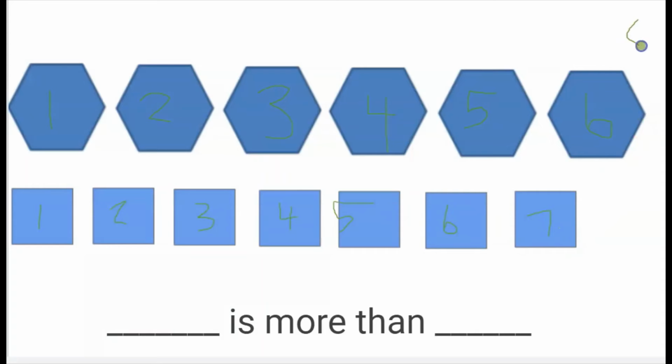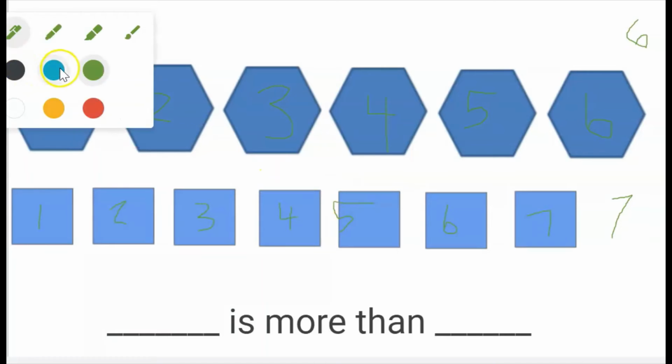We have 6 and we have 7. What do you notice? Look at the numbers at the end of the line and decide which set of shapes do we have more of. Your teacher's going to pause the video.